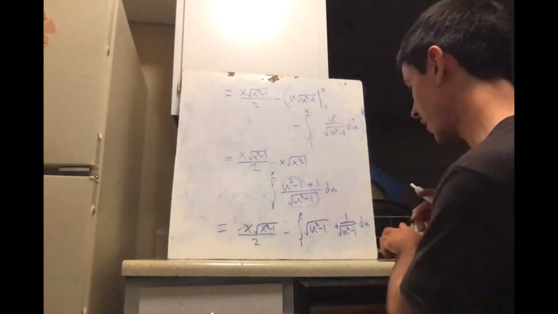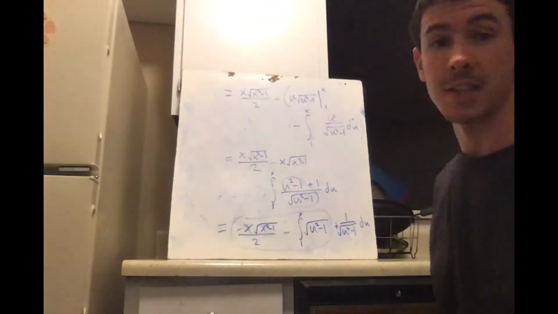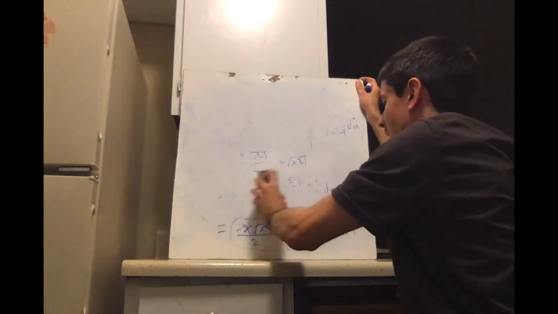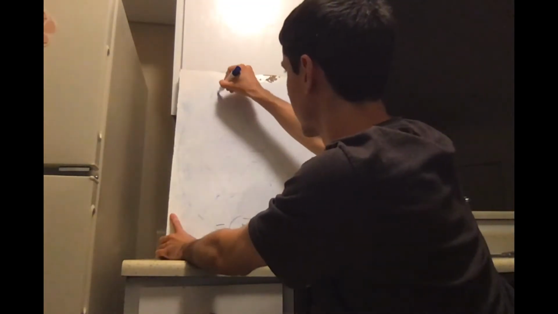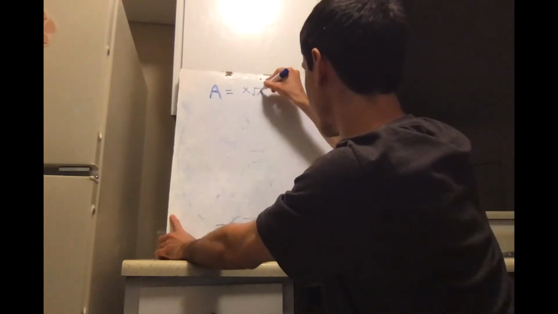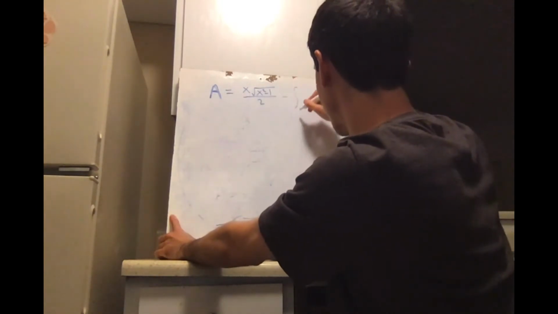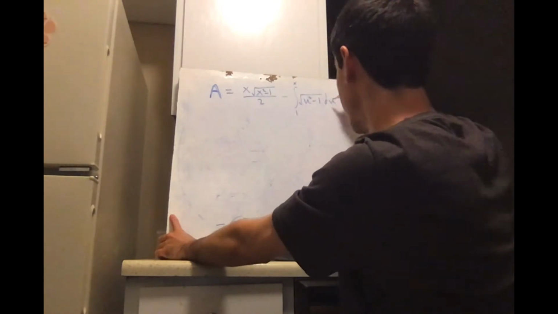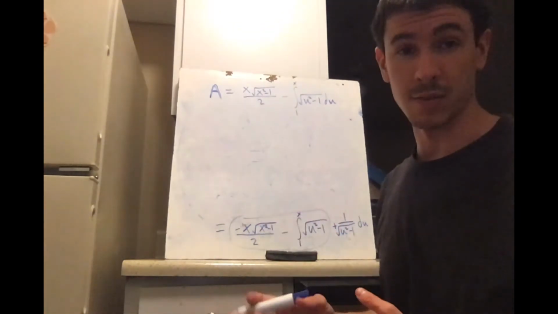But now if you remember, this quantity right here is exactly the negation of A. So recall A equals x times the square root of x squared minus 1, the area of the big straight triangle, minus the integral from 1 to x of the square root of u squared minus 1, this being the non-shaded curved triangle that needs to be subtracted out of the straight triangle in order to get the shaded curved triangle that we want.